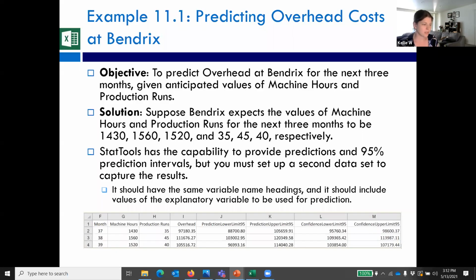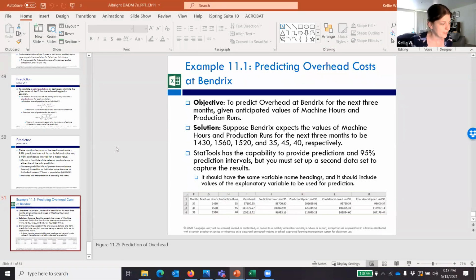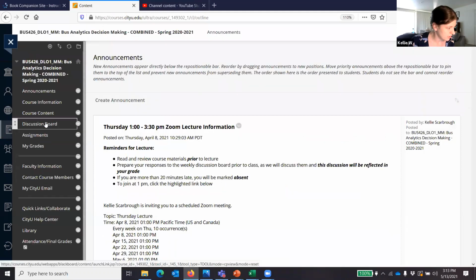I don't think I want to go through this last example, but you can if you would like to.